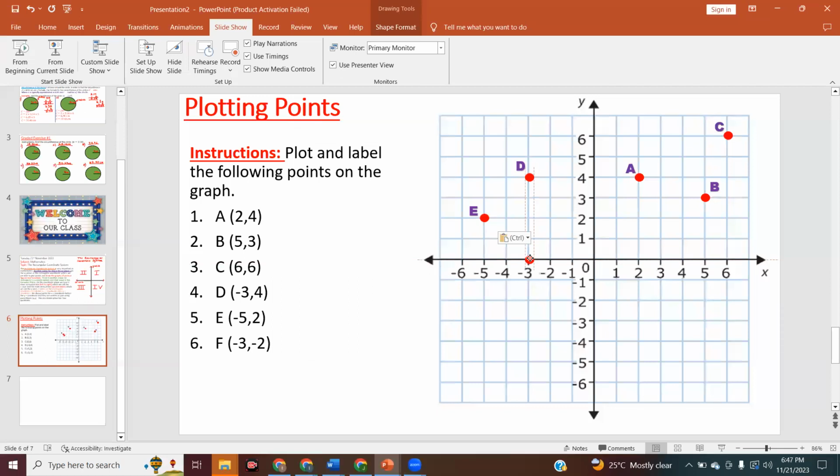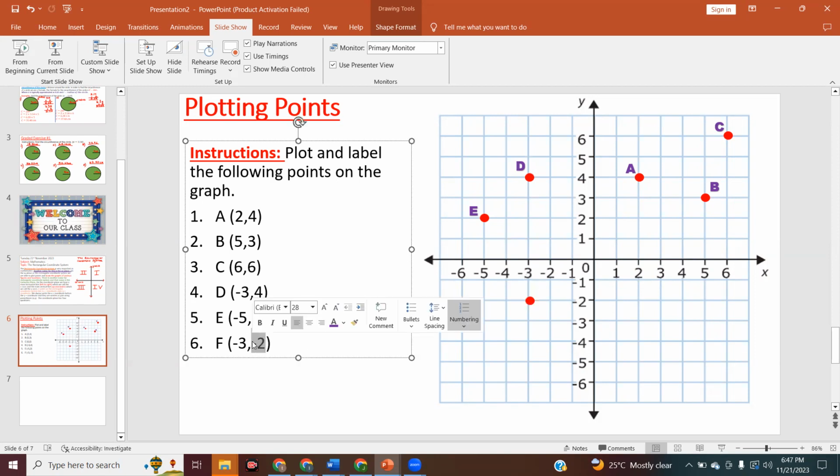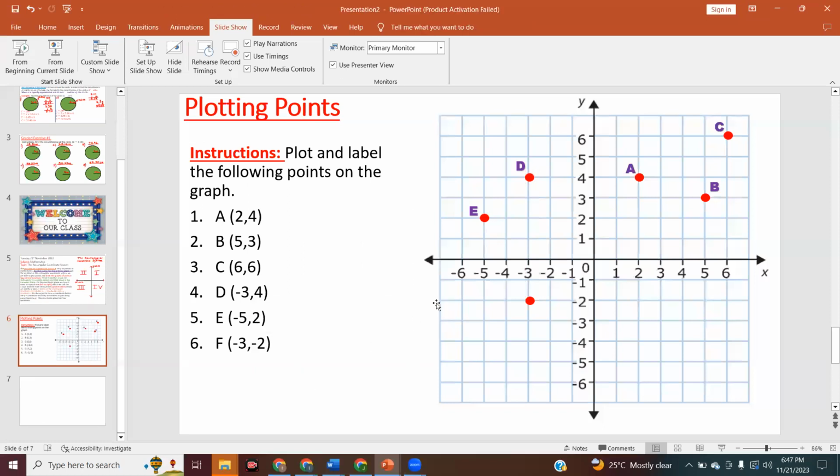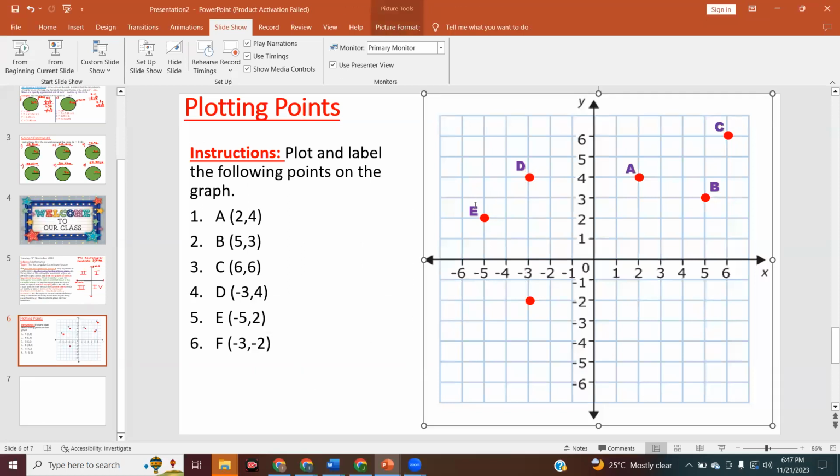Go up 2 spaces. Go down 2 spaces. Why? Because we're starting from the x-axis first. But why are we going down instead of up? Because negative. Very good. It's a -2. Okay, so it's gonna be F.